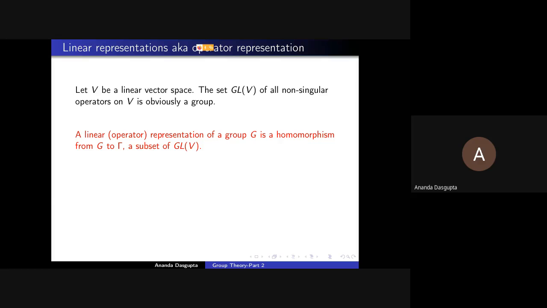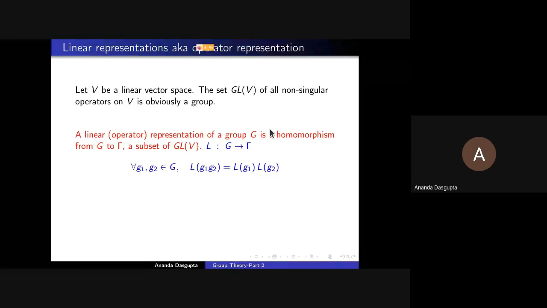So that is where the homomorphism comes in. Whether you apply the map first on g1 g2, or whether you compose first, form g1 g2 first, then apply L, or apply the map first on g1 and g2 to get L(g1) and L(g2), and then multiply, you get the same result.